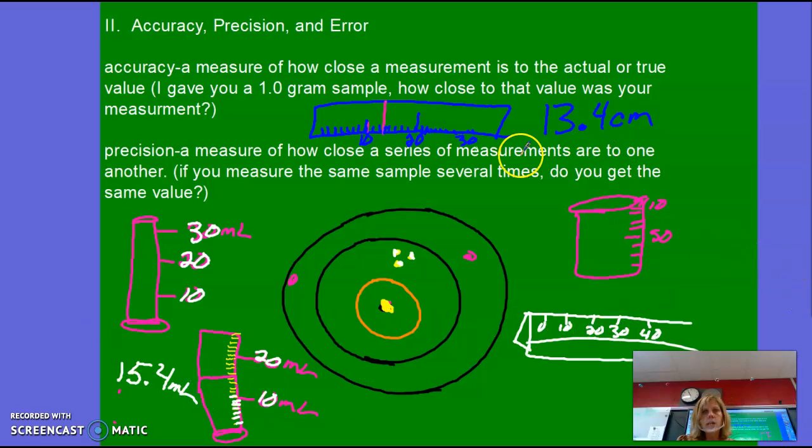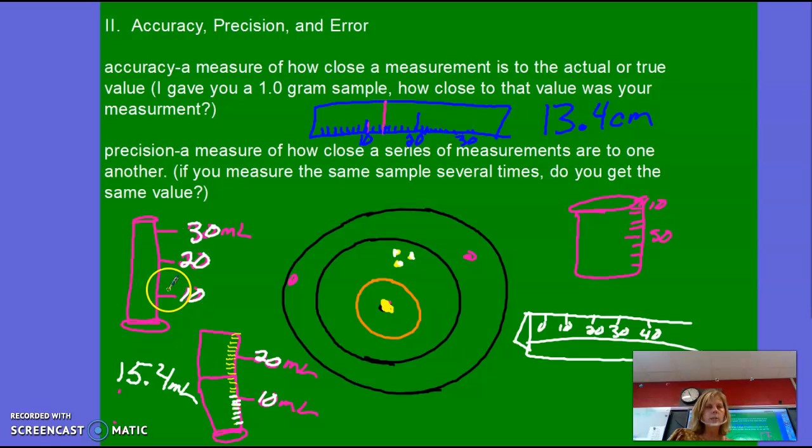So that's kind of in terms of science. When we talk about precision, that's what we're talking about. The correct way to use these things is we can be sure of our degree of accuracy to the nearest measured number, and then we estimate one digit beyond that.